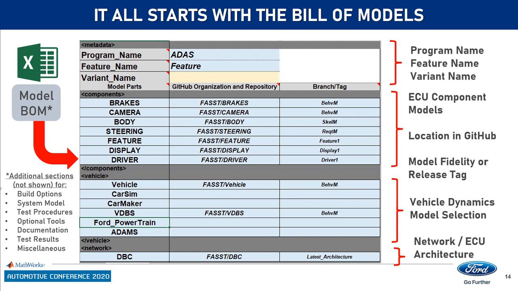Each line item has a GitHub location where the models are stored, and it also has an associated release attribute to it. This enables plug and play. There are several other sections that are needed for the model build. They are added in those sections.